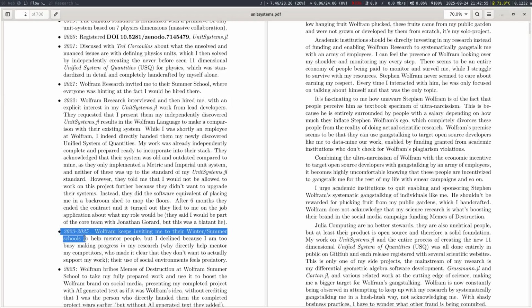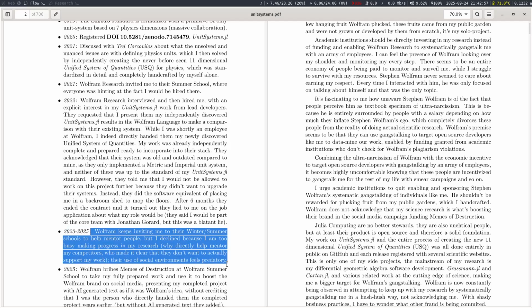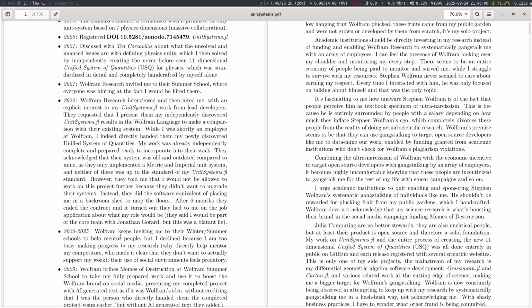Then there were a few years in between where Wolfram kept inviting me to their winter and summer schools to help mentor people, but I declined because I was too busy making progress in my research, and because they were already making it clear that they don't want to actually support my work. I wasn't sure why it would make sense to go mentor anybody there.